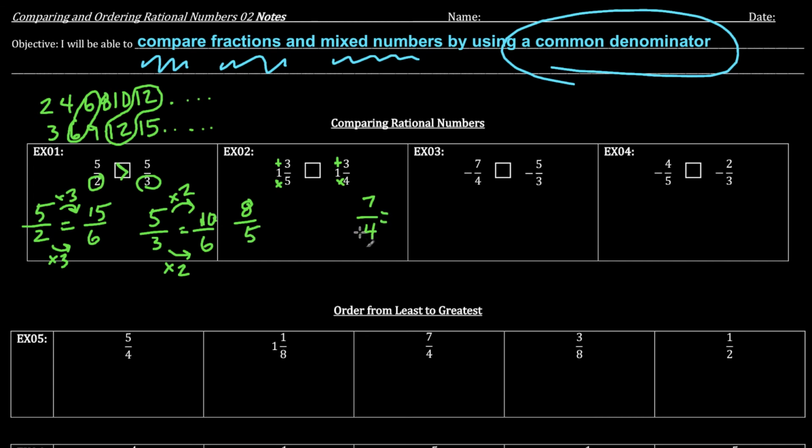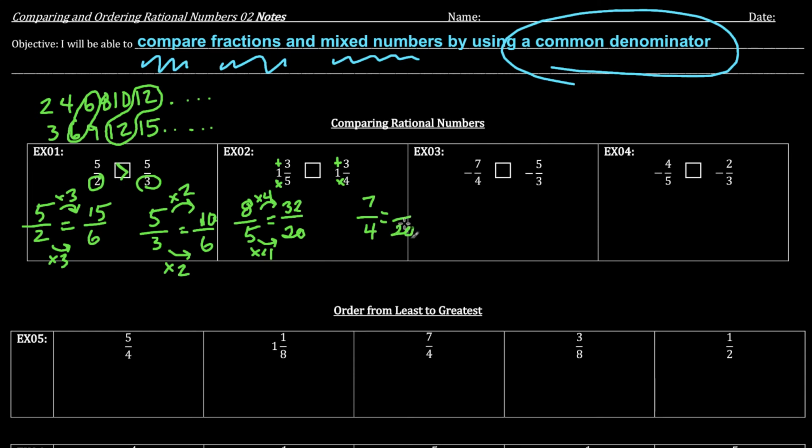We need to find a common denominator. So if I go 5, 10, 15, 20, 4, 8, 12, 16, 20. So 20ths are going to work. Now, I can actually multiply these also if I want to. 5 times 4 is 20. That's a way of finding one. 8 times 4 is 32.